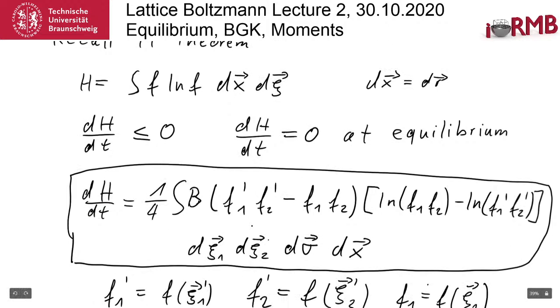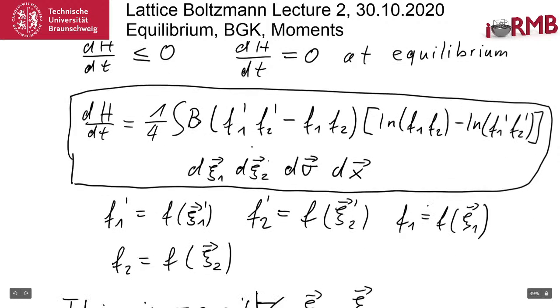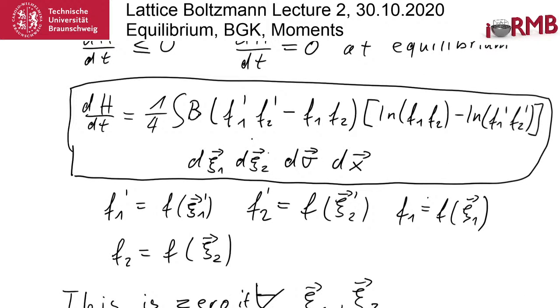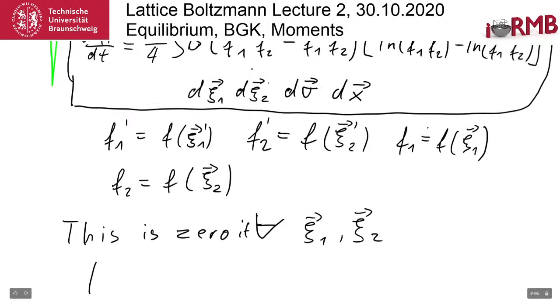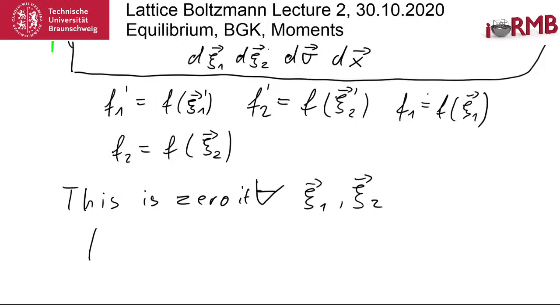Then we said that eta is always smaller or equal than 0, and the time derivative of eta is always smaller or equal to 0, and if it is 0, it is at equilibrium. And now we derived last time this equation here for the time derivative, and this will be 0 if for all velocities, say x1 and x2, we have the following condition.